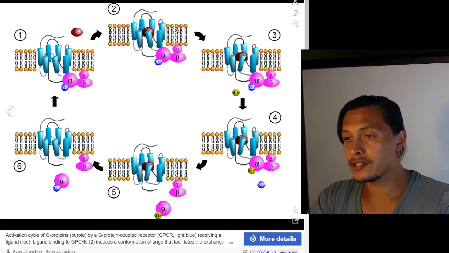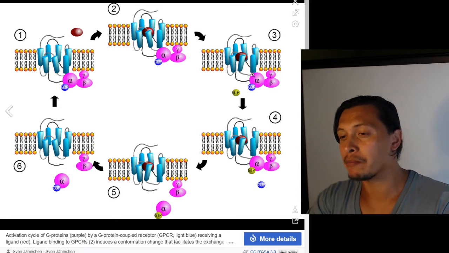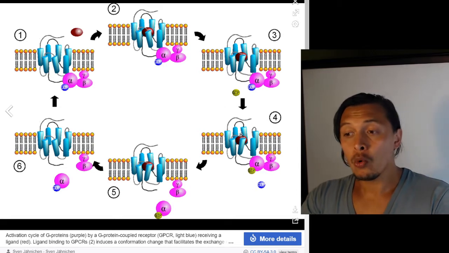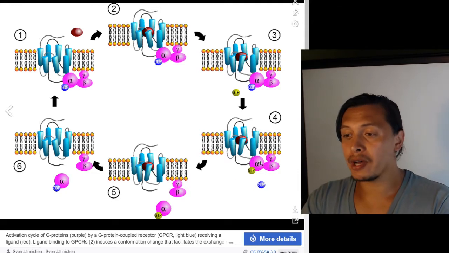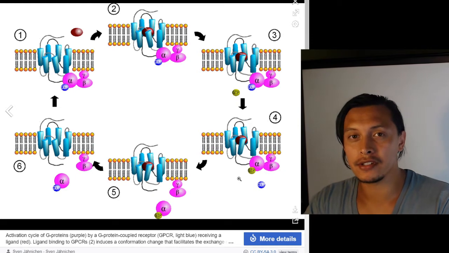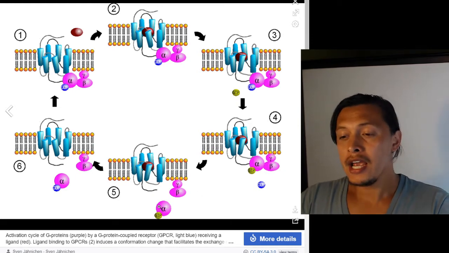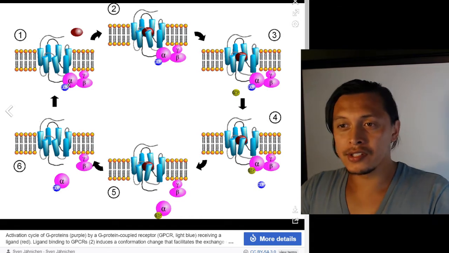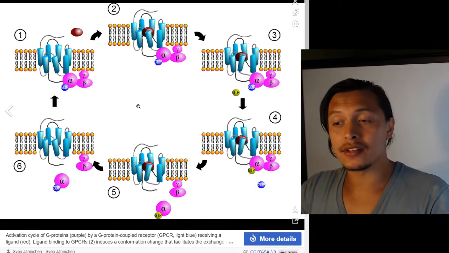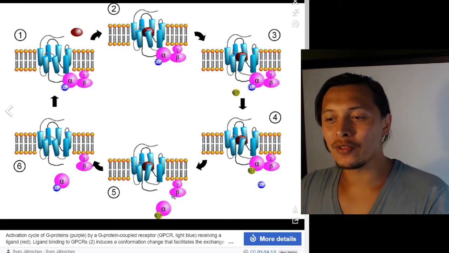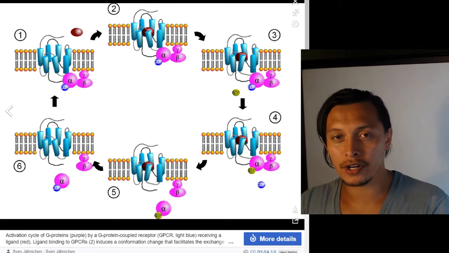So here you can see this is the conformational change that happens, and here the GDP has been replaced with GTP. Now, once this happens, this alpha subunit is able to come out of this complex. And now this is the way for the signal that was once outside of the cell to transduce a signal to the inside of the cell. And now this alpha subunit is transferring that down.